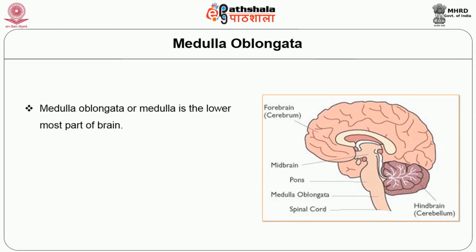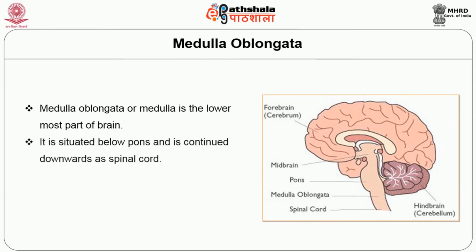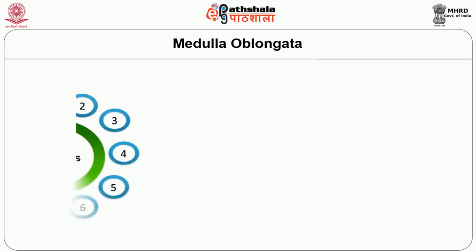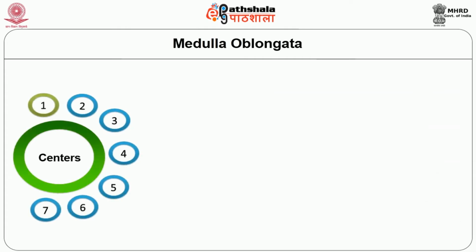It is the lowermost part of the brain which is situated below the pons and continues downwards as the spinal cord. Medulla forms the main pathway for ascending and descending tracts of the spinal cord. It also has many important centers which control the vital functions.